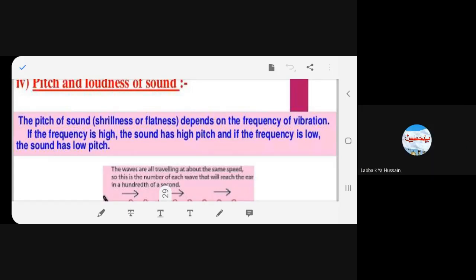This is called pitch. Now, what is it depending on? It is depending on the frequency. What is the relation? If frequency is high, it's like a whistle. If you whistle, that is high pitch. But if you talk, that is a low pitch. Did you understand? Yes? Okay.